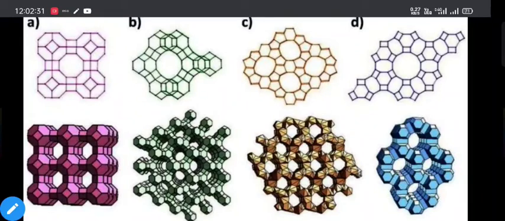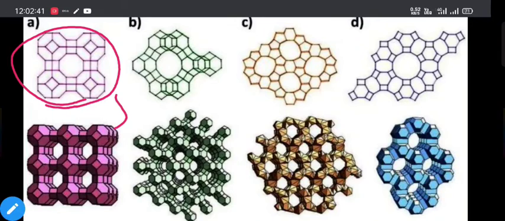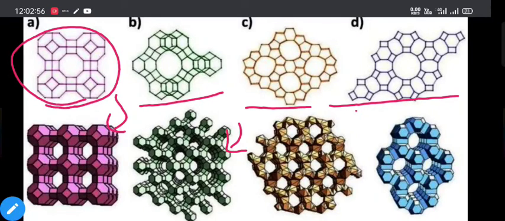Here we have some examples of a few zeolites. First we have a basic line diagram which represents the shape of the zeolite, and at the bottom we have an illustration of the 3D zeolite structure. So as we can see, we have different shapes and sizes of zeolite depending on the quantity of aluminum present in it, so that we can get different zeolites.